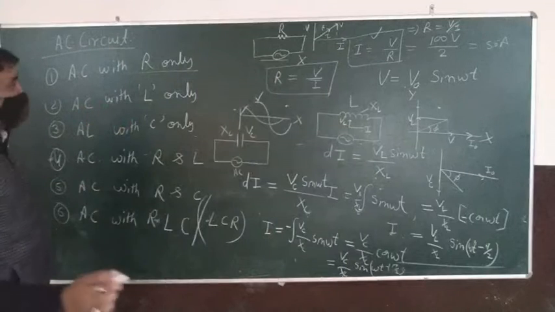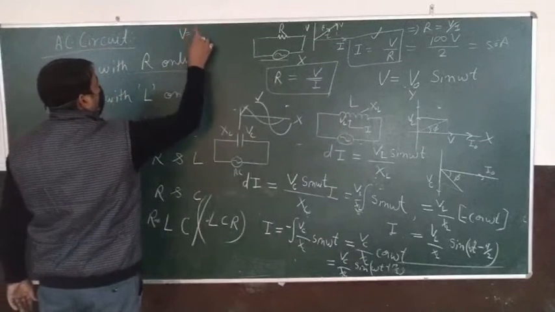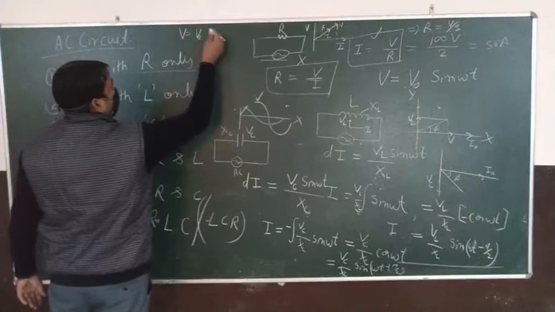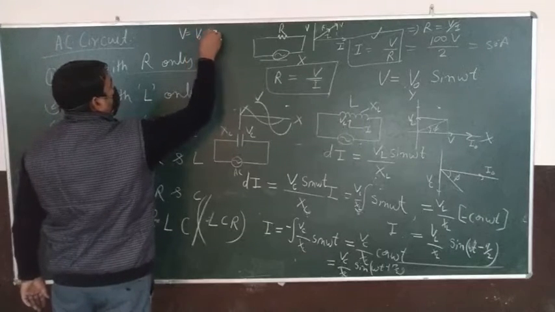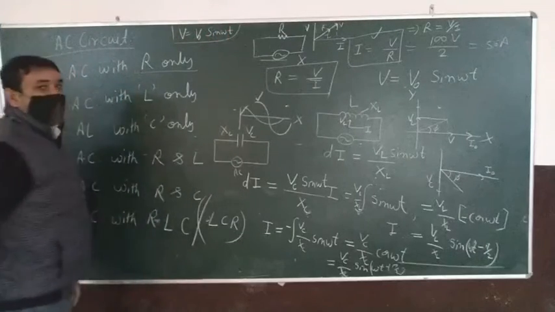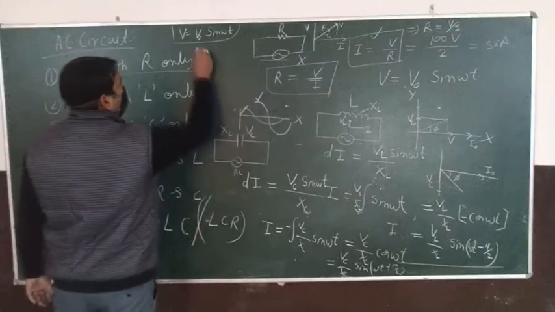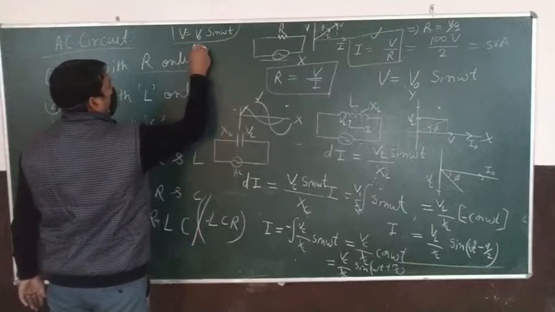In the second circuit, one thing also, students: the potential is applied in the form of a sinusoidal wave, that is V is equal to V naught sin omega t. In many books we use only the EMF in place of potential.